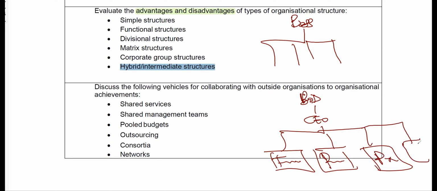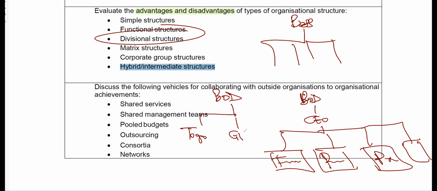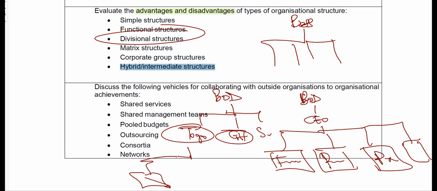So there's a functional, right? Then you come to divisional or geographical structures. So if it is like that, you have the board of directors. Maybe I have what? Togo division. Maybe I have Ghana division, right? I have Singapore division. Now within Togo division, I have R&D, I have production, I have maybe finance. You get it?